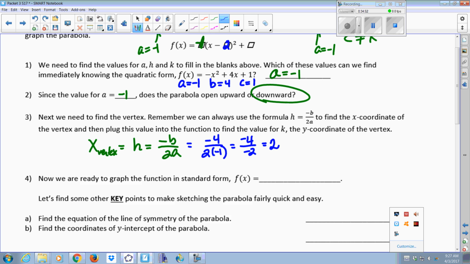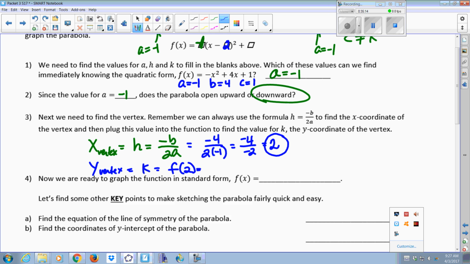Okay. Are we done? Can we start graphing this and getting x and y intercepts? Do we have our full equation? What do we need now? K, which is the y value of your vertex. And to get K, you just plug the X in, you find F of 2.